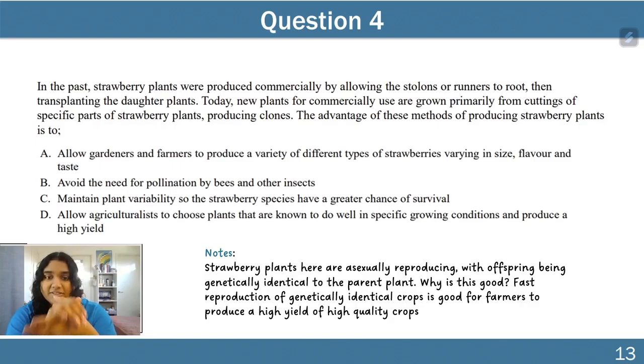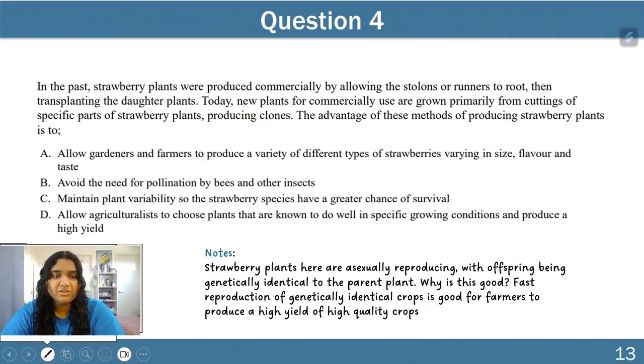The reason that this is good is if you find a strawberry plant that is particularly healthy, it's got a good taste, great tolerance against pests, and gives a high yield come harvesting time, we can reproduce that beneficial strawberry by creating identical crops.